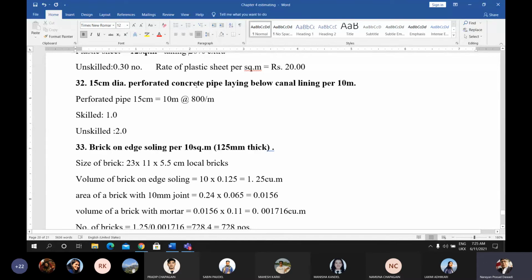Using cement jute or cement sand mortar is not mentioned here. You can provide the pipe by fixing into the collar of each pipe that is joined. This is underground pipe which is laid below the lining of the canal.